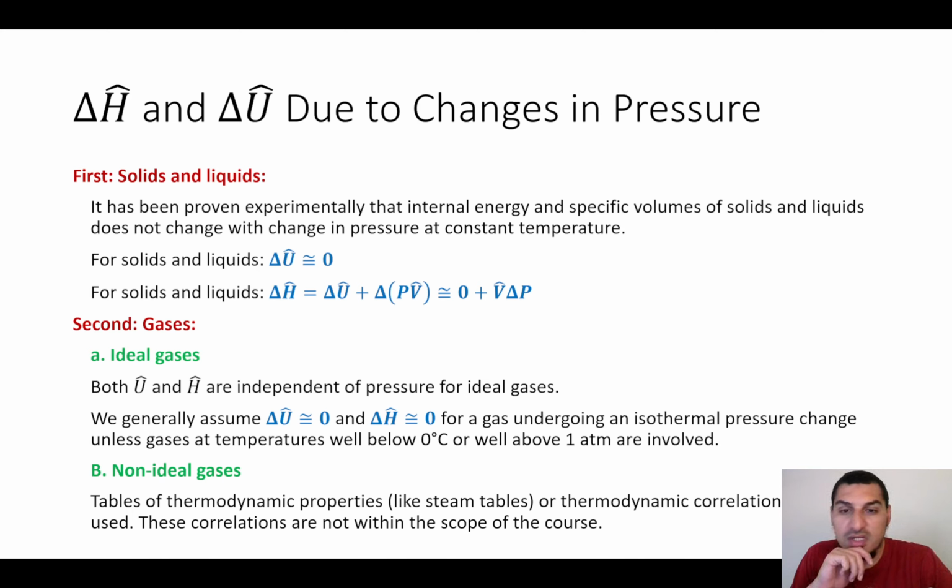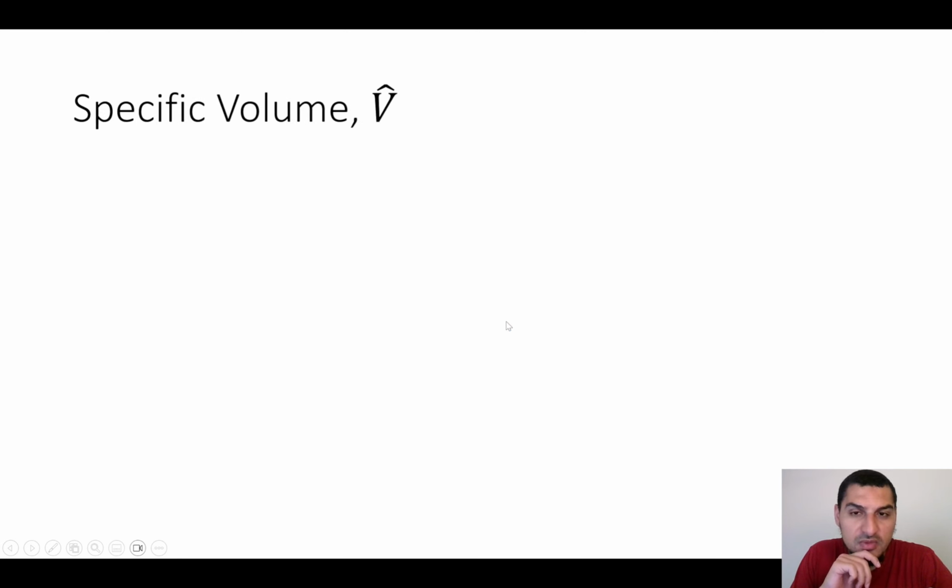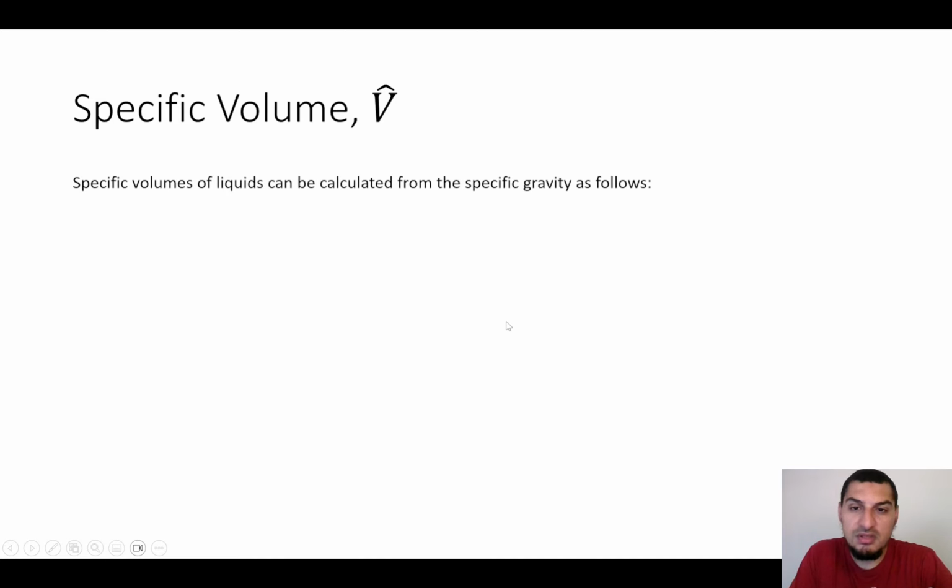One last thing about the V hat, which is the specific volume. The V hat is the specific volume that we can get by one of two methods. Either for liquids, we can calculate it from the specific gravity. So we know V hat is 1 over density, and the density is specific gravity multiplied by the reference density.